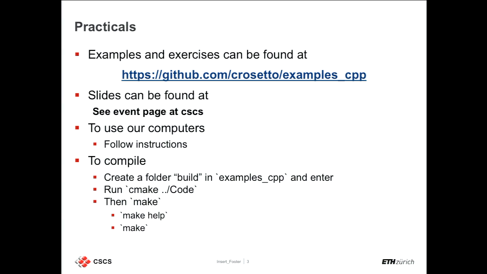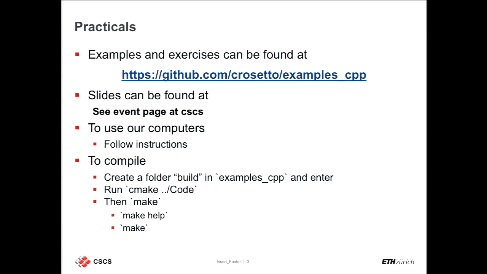To compile the tests, you have to check out the repository from GitHub, and you create a folder called bin inside there. It's not mandatory, but it's a good idea to create a build folder in there.